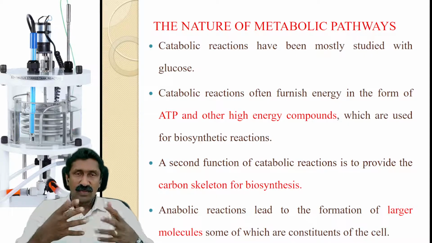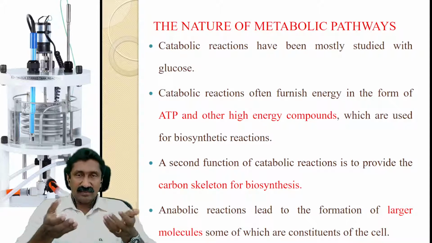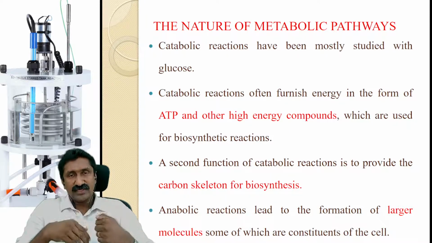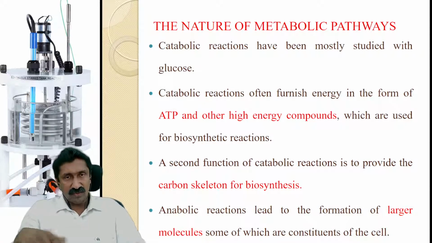So the cell requires various forms of energy like ATP, GTP, etc., and that will be utilized in various metabolic pathways like biosynthetic reactions for synthesis of the amino acids, etc.